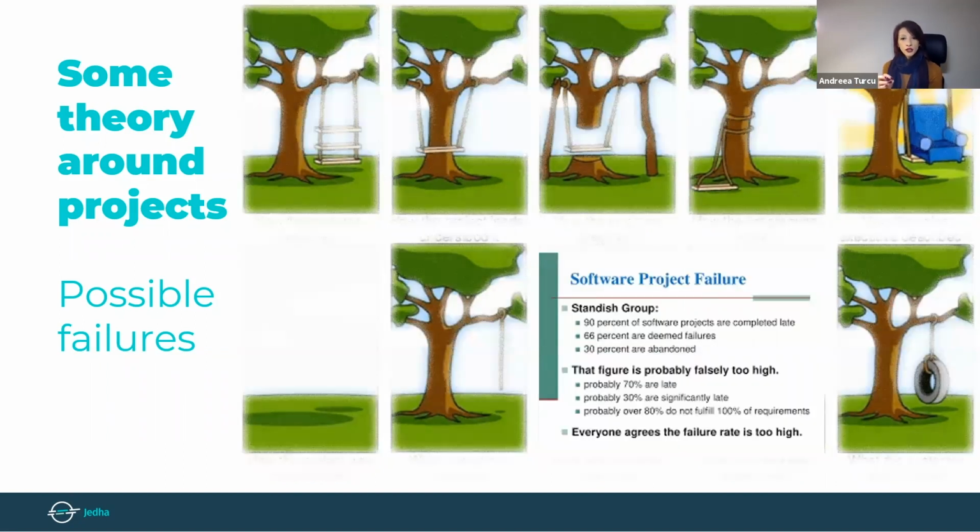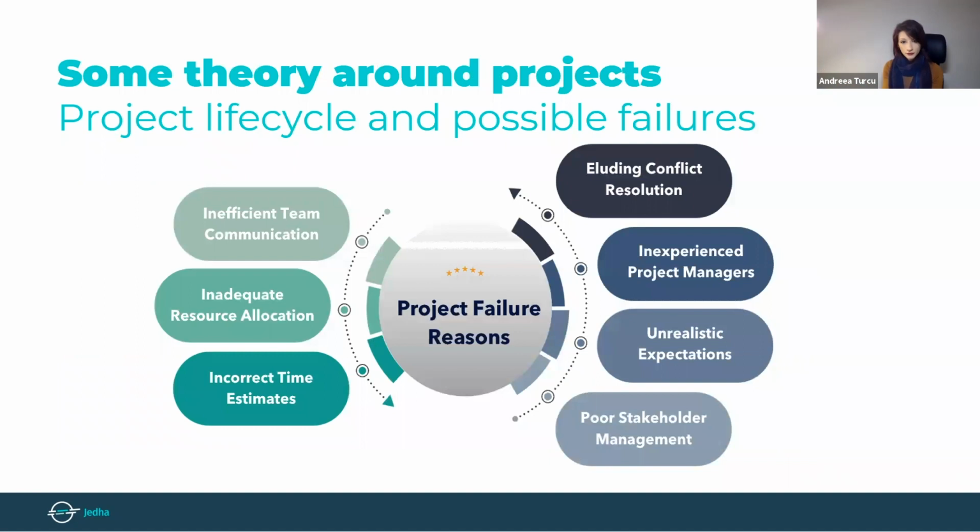If we get broader in project failure analysis, because there is a field that studies that, everyone agrees that the failure rate is too high, meaning that 70% of the projects are late and that 80% of the overall projects do not fulfill all the expected requirements.